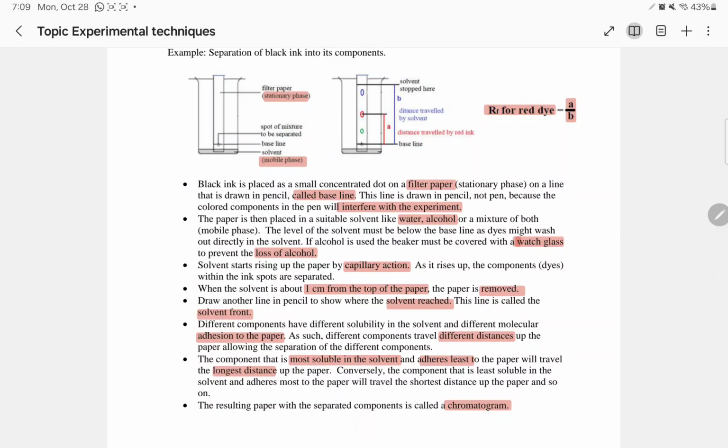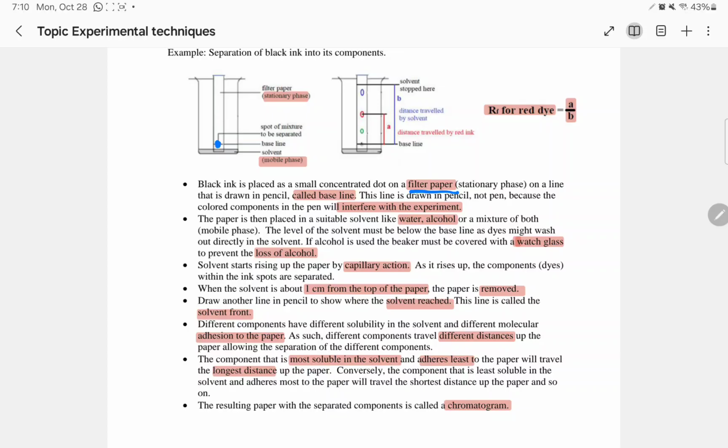So you're gonna put it on a filter paper, like here on a dot. This is your stationary phase. Then you're gonna draw a line with pencil over here where I drew the blue line. It has to be pencil so it doesn't mix. Then you're gonna put it in a solvent that it is soluble in. It could be water or alcohol or both. And now it's gonna start moving up. Okay?